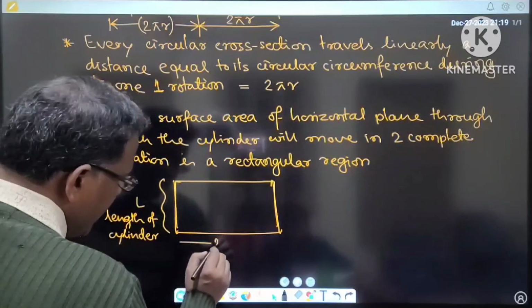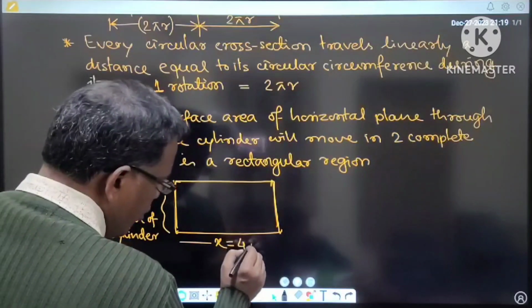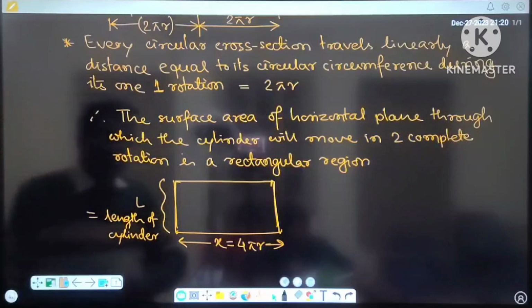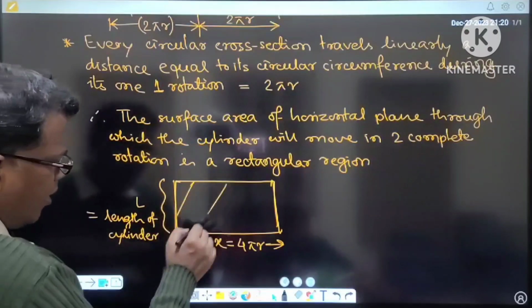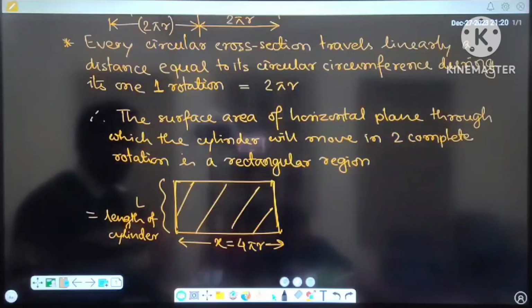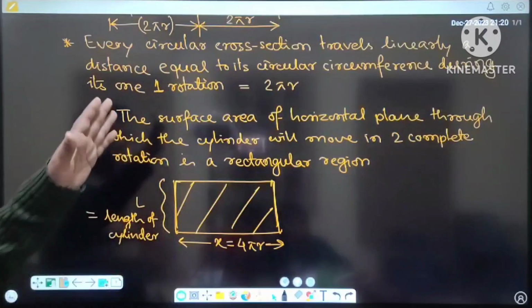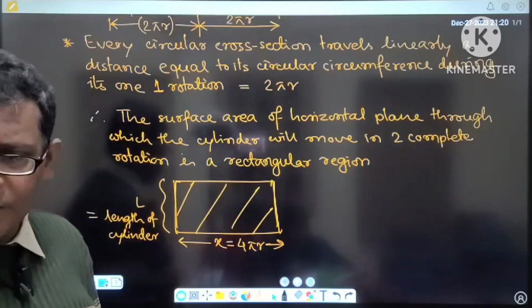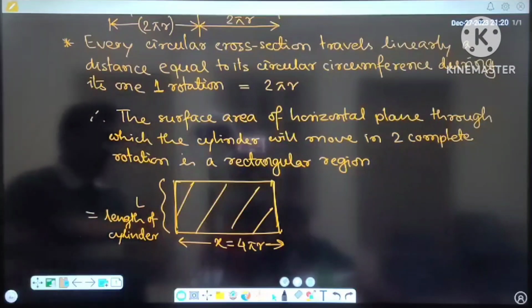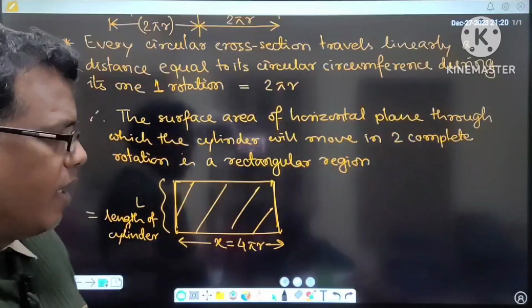And as I said, this side is x, this is 4 pi r, the distance traveled. So ultimately this rectangular region through which it is traveling is this one, whose adjacent sides are known, one as the length, which is already mentioned, I think it is 4 centimeter, yes. So length is 4 centimeter, radius is given, means you can calculate 4 pi r.